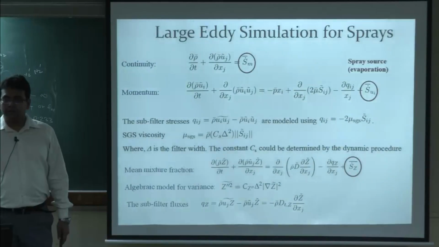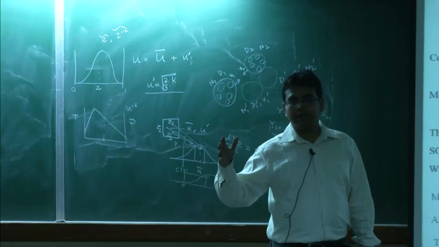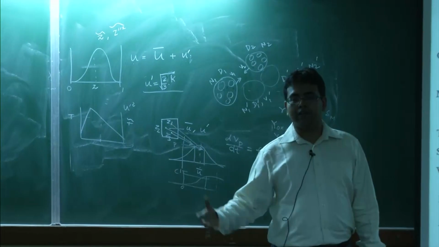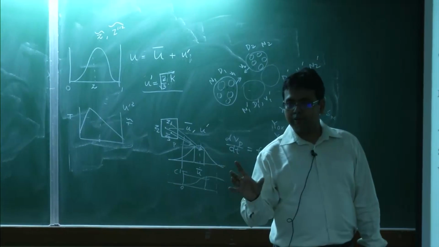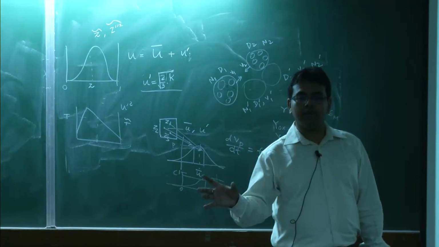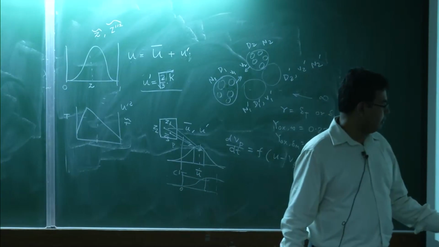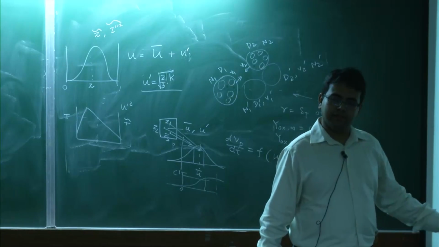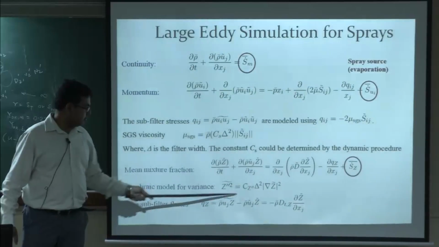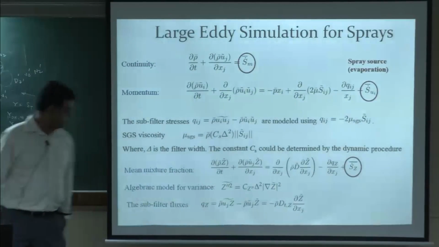In the variance equation you have the temporal term, then the advection term, on the right hand side you have the diffusion term, then the production term of the variance, and then the dissipation term. Now, you are saying that in equilibrium production should be equal to the dissipation, and then you can come up with the model of the variance. So, we do not need to solve this, but we can obtain it if you know Z.